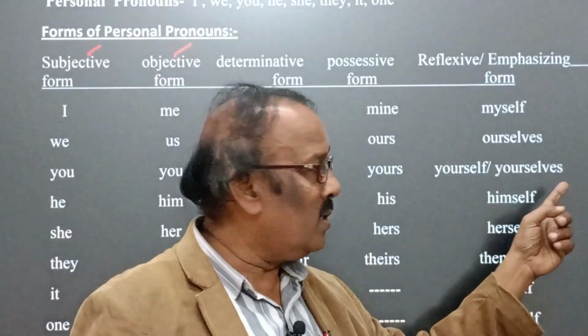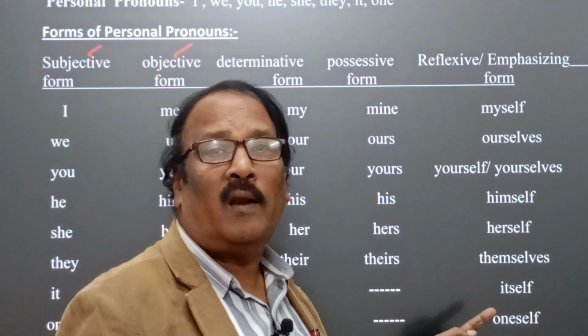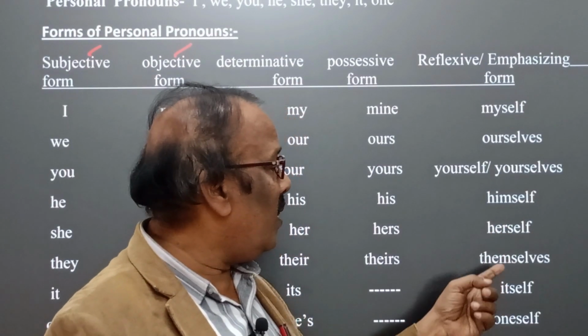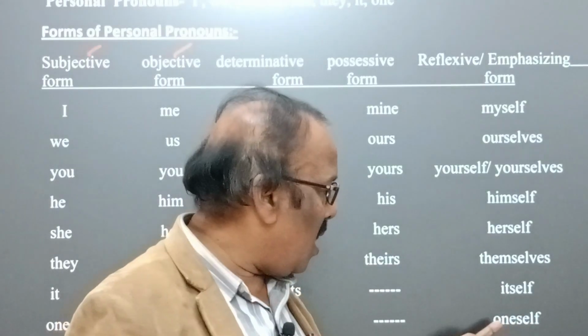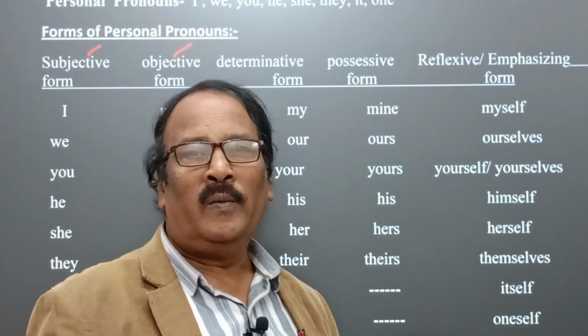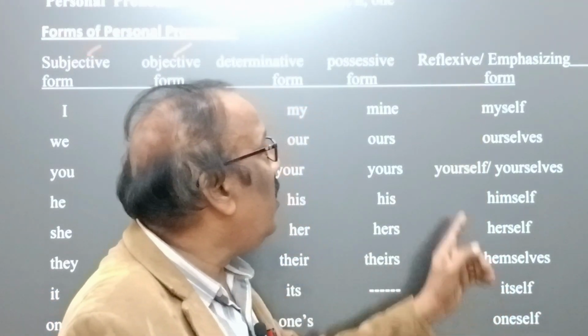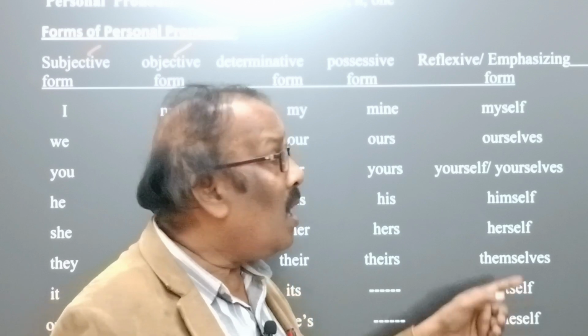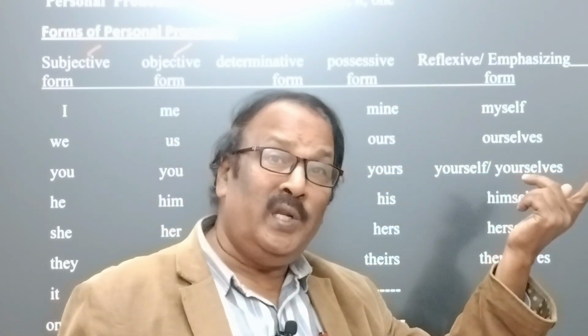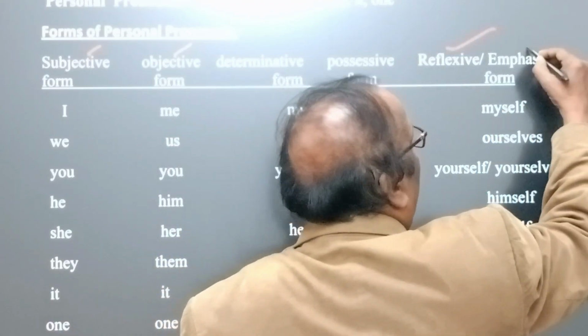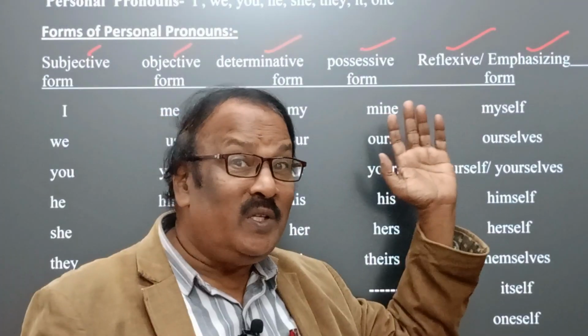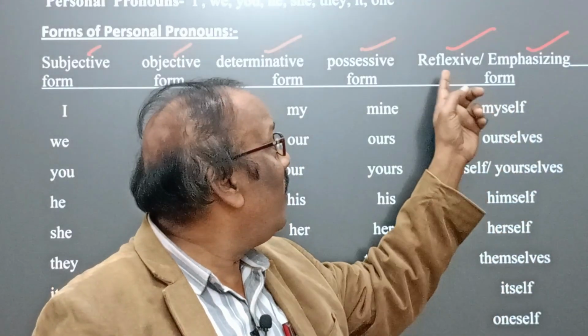Here himself, herself, themselves, third person plural, itself, and oneself. These are the self forms, and these self forms can be expressed in two ways: one as a reflexive, other as an emphasizing. This is also a very interesting idea.